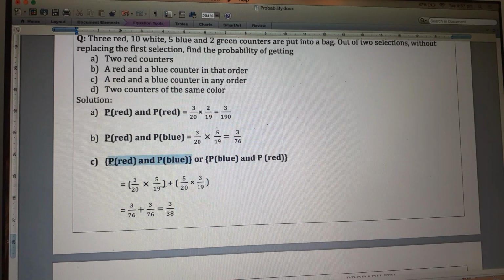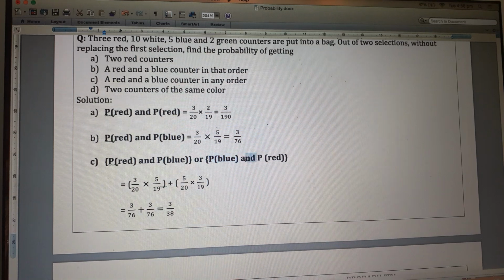Now if I change the order of selection, here red was first and blue was second. If I choose blue first and red second, the probability of blue will be 5, as I have 5 blue counters here, and total counters is 20. So 5 out of 20 will be the probability for the blue counter.